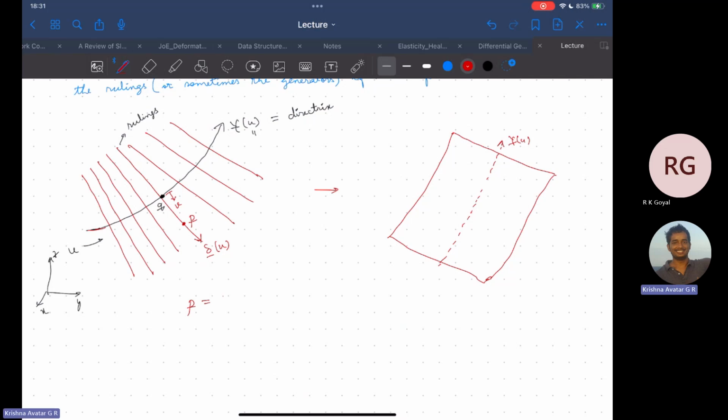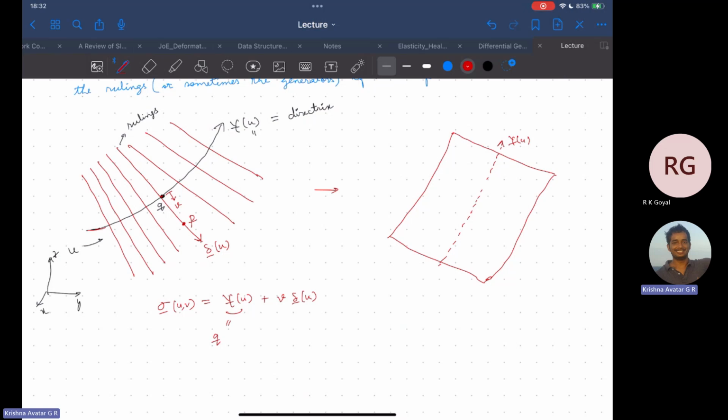gamma vector u. And then we use the vector addition rule. So this will be plus. Gamma vector u is the position vector of q vector. So this is the q vector plus direction given by delta vector u, and how much length we are moving along this particular ruling is given by the parameter v. And we can now clearly see how sigma vector u comma v is a surface parameterization.